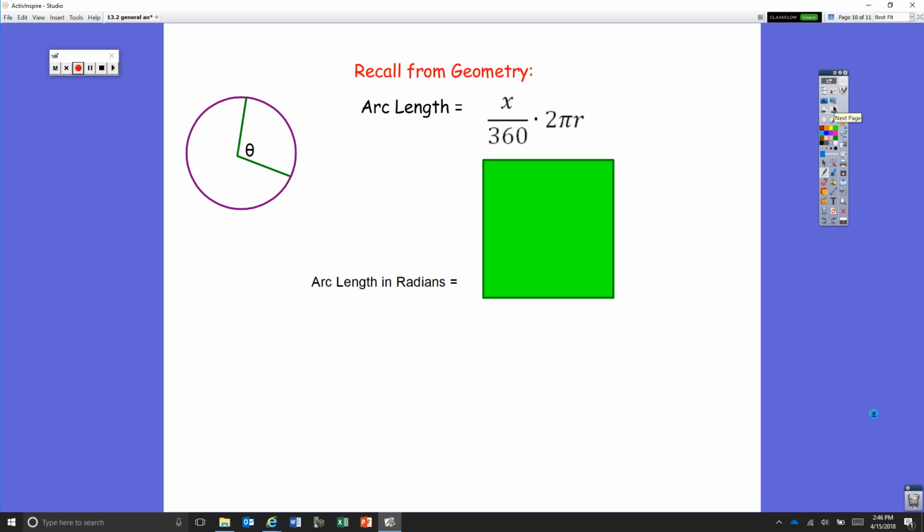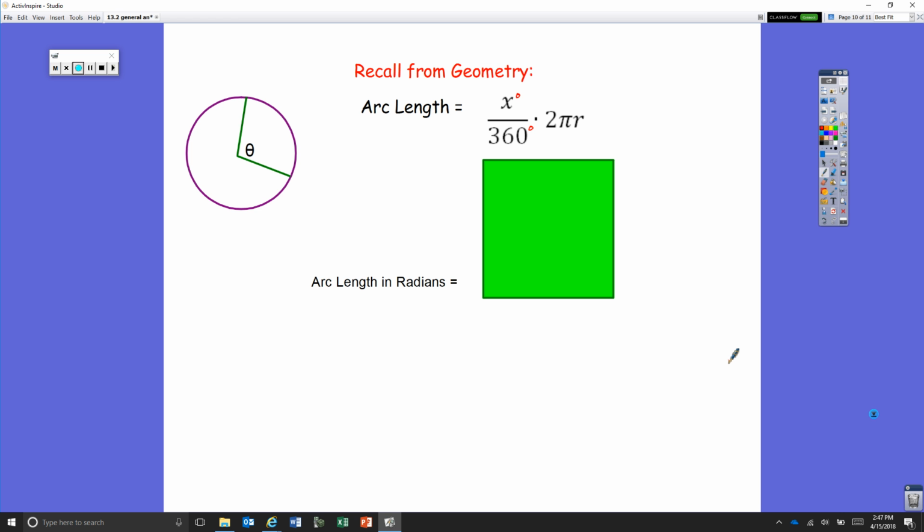The last thing I'd like to share with you is how to compute the arc length. Arc length from geometry is x degrees over 360 degrees times circumference, which is 2 pi r.